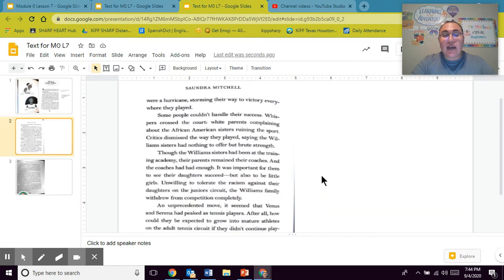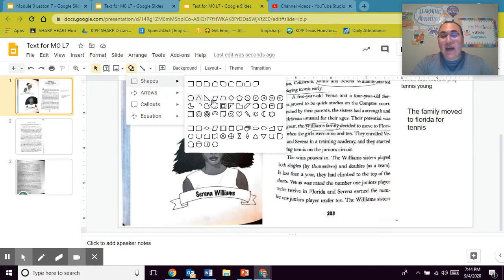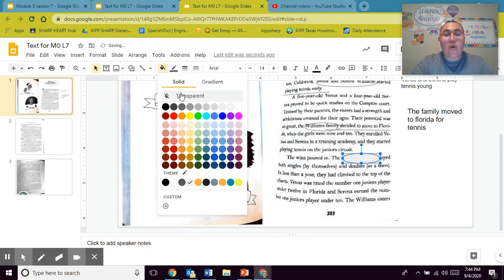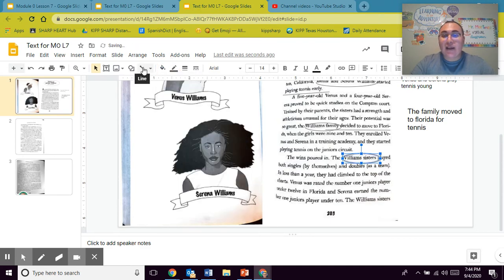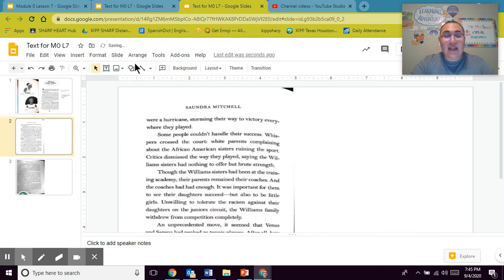So again, some important nouns in this paragraph: we're talking about the Williams sisters, Venus and Serena. Now, what are they doing in this paragraph? The wins poured in, so they're winning a lot. It's very important that they're winning. They're rated number one juniors players, and it says that they were a hurricane storming their way to victory.